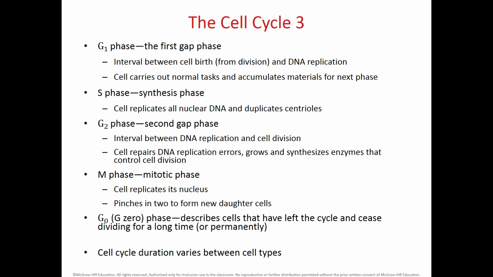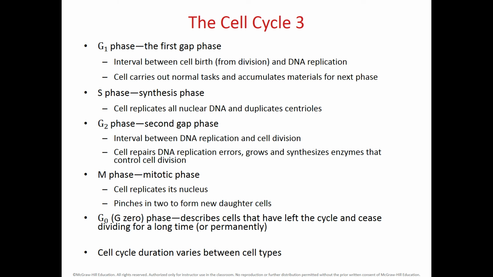During the G2 phase, the cell checks again for replication errors or mutations in DNA, and the cell starts growing and synthesizing enzymes that will control the division of the cell. And then the next phase is called mitosis, in which the cell will actually divide the nucleus.